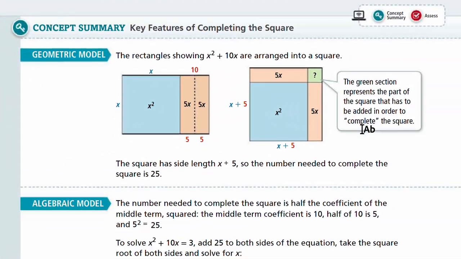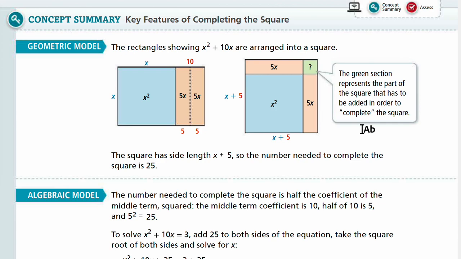Let's summarize our lesson. Key features of completing the square. So this is a visual that we can use to explain and understand why completing the square works and how it models using the area model. So the green section right here is the area that we need to complete the square because that's the area that's missing, right? So this area has to be added in order to complete this whole square.